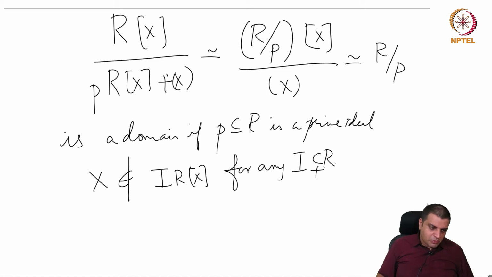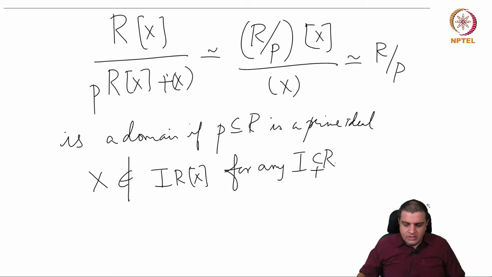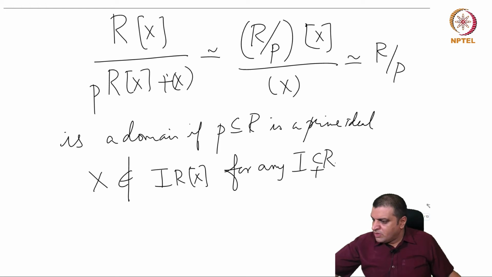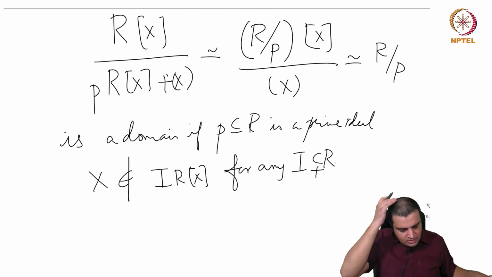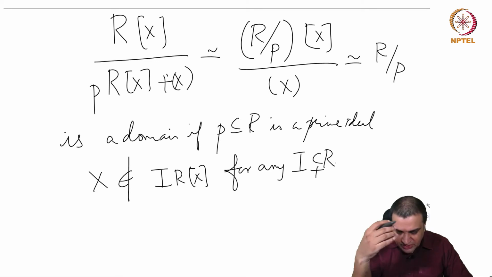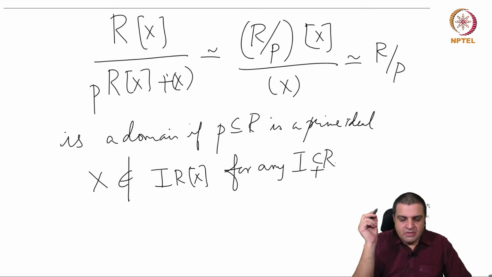So this we will prove after we develop some notion of dimension. So the next thing one has to do is to prove or study the dimension theory of Noetherian rings.